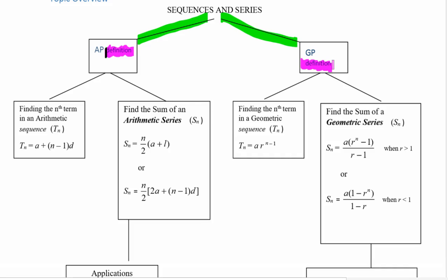Once we have established that we have, for example, an AP, then there are basically two things we learn about this series of numbers or terms, and that is we find the nth term. We might be given a string of 7 terms and be asked for the 40th term.